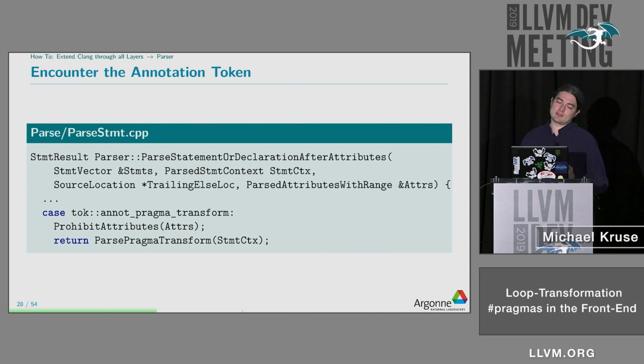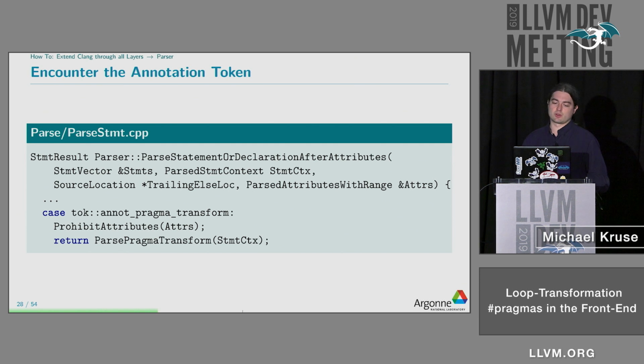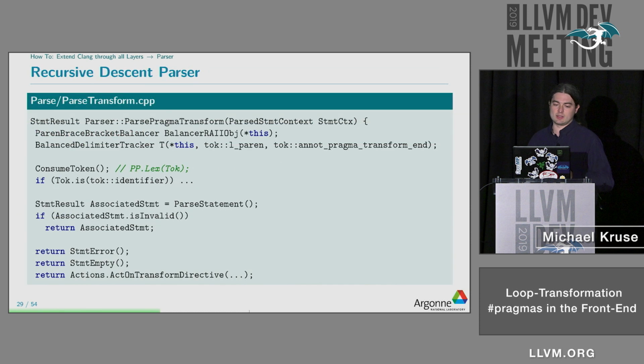In this case, we find our annotation token, and we know the annotation token, so we can now parse the inner part between the begin token and the end token. This is how it typically looks.